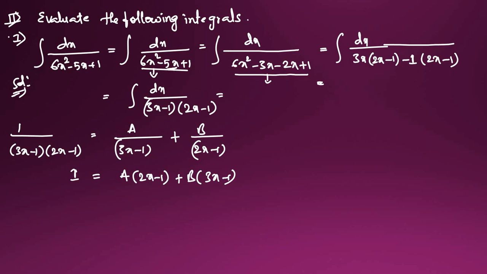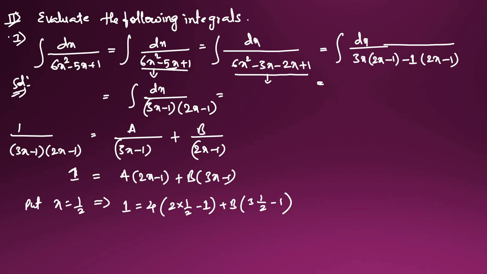First we put x equal to 1 by 2. It becomes 1 equal to a into (2 into 1 by 2 minus 1) plus b into (3 into 1 by 2 minus 1).